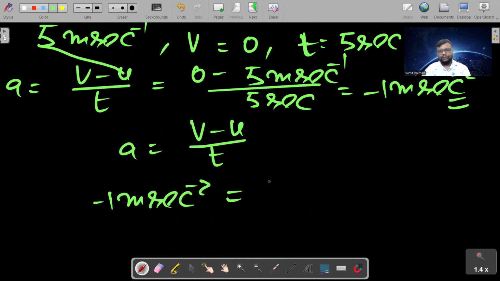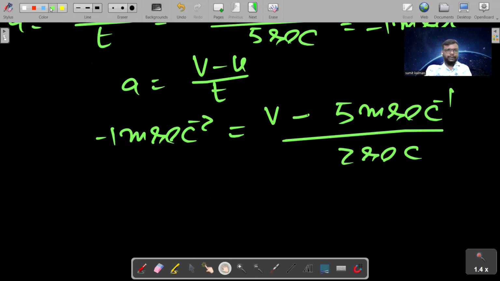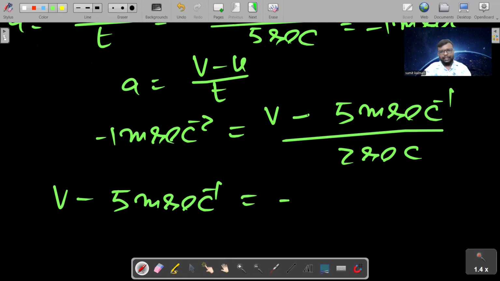You have to calculate final velocity V. Initial velocity is 5 meter per second, and time is 2 seconds. So V minus 5 meter per second is equal to minus 2 meter per second.